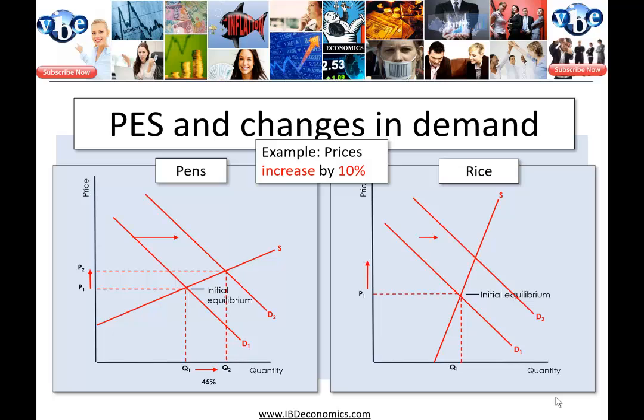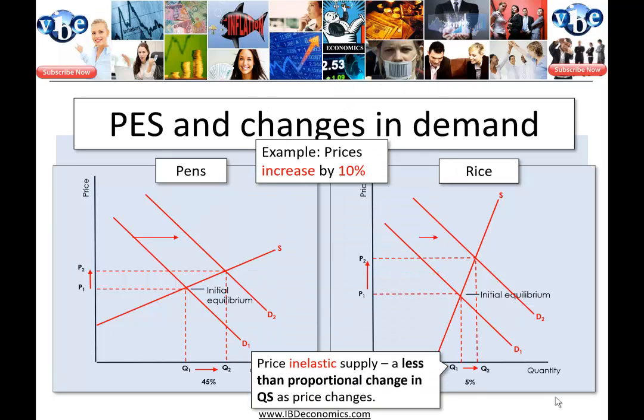The same increase in demand produces a large increase in price and a relatively small change in quantity supplied. So price inelastic supply: a less than proportional change in quantity supplied as price changes.